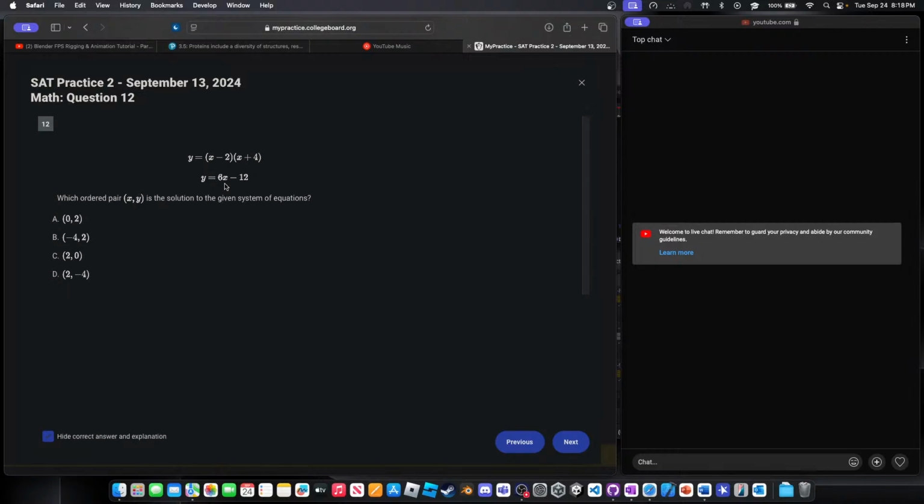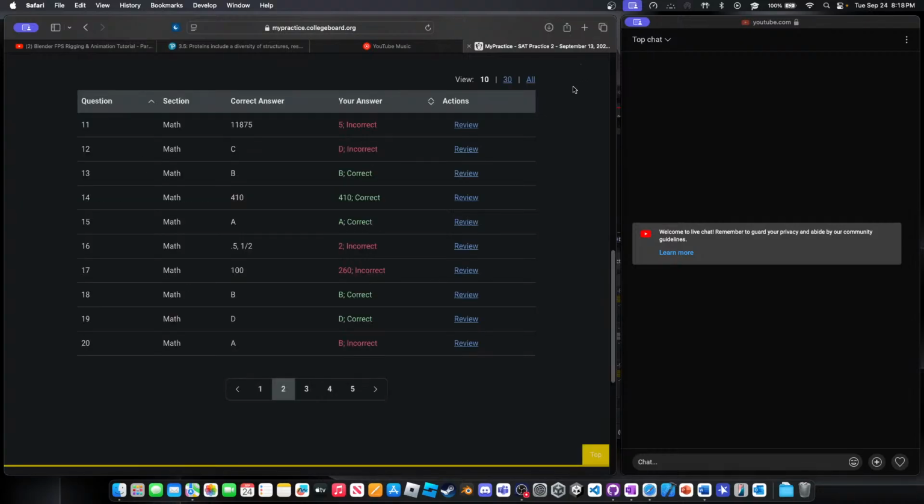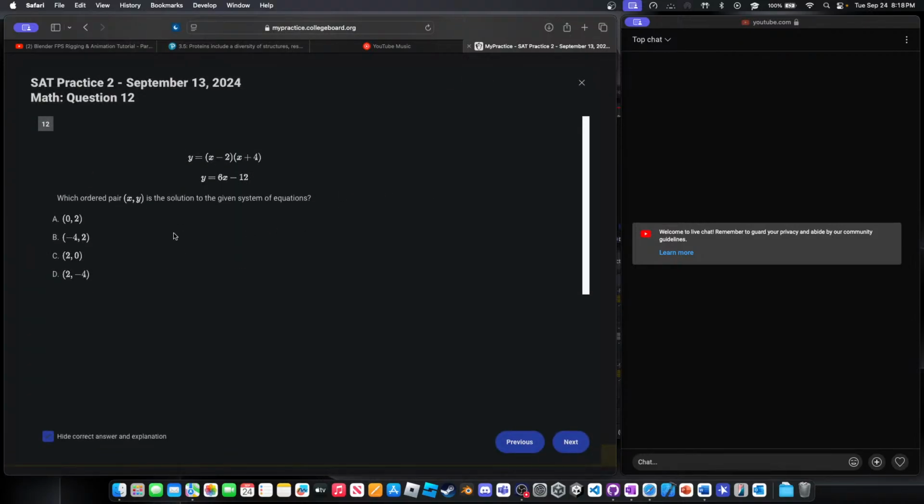Let's see, right here. No, we got this one wrong. Which ordered pair x, y is the solution to the given system of equations? To be honest, I should have plugged things in to make things easier, so I didn't make any mistakes. But we're gonna try factoring it, which I don't know how to.